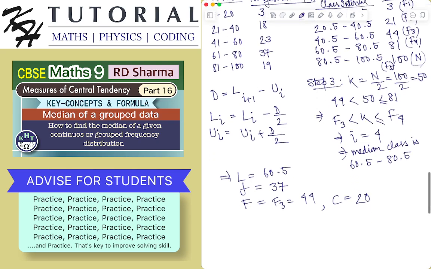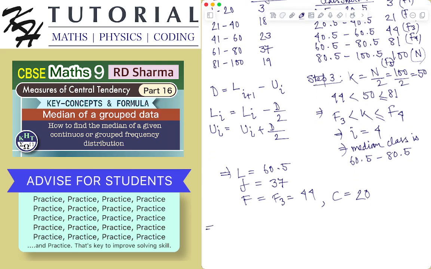Okay. So now what will be the median? Median will be L plus n by 2 minus capital F divided by small f multiplied by C. L is 60.5 plus, what is n by 2? n by 2 is 50. What is capital F? It is 44, whole divided by small f.